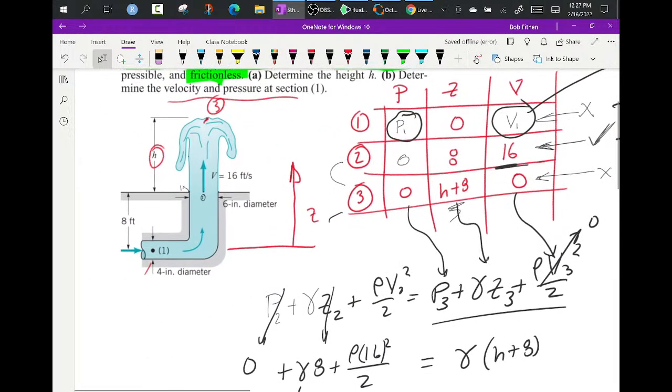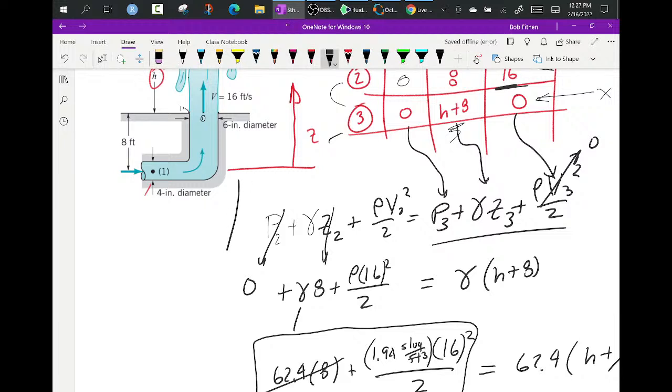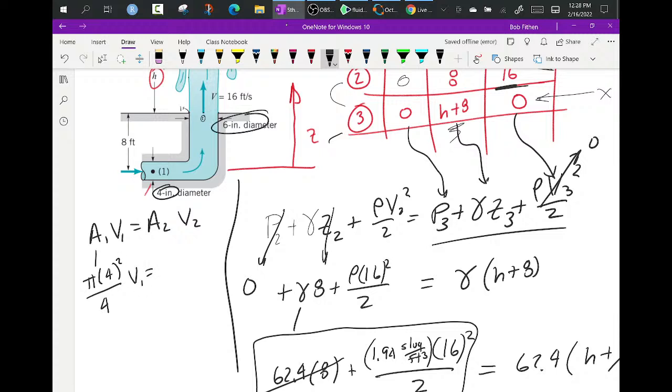Well, if you look at this thing real close, and you remember some stuff from thermo, A1 V1 is equal to A2 V2. Now you can put density in front of it, but density remains the same on both sides. So what I'll get is pi times the diameter, I'm just going to use 4 inches squared over 4, times V1 is equal to, this is 6 inches diameter, 6 squared over 4, V2.